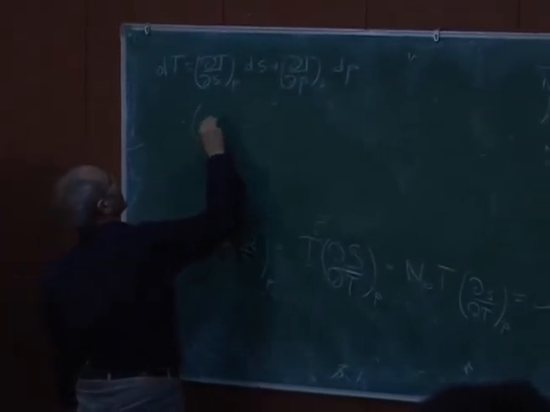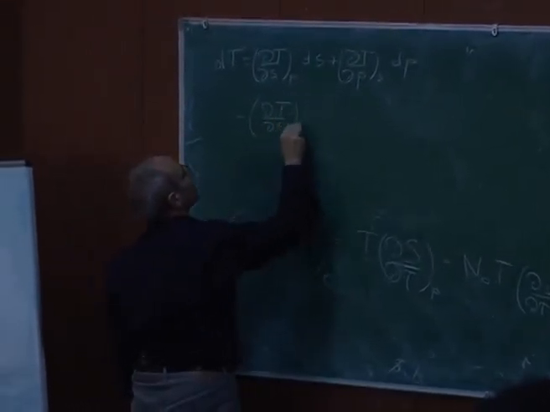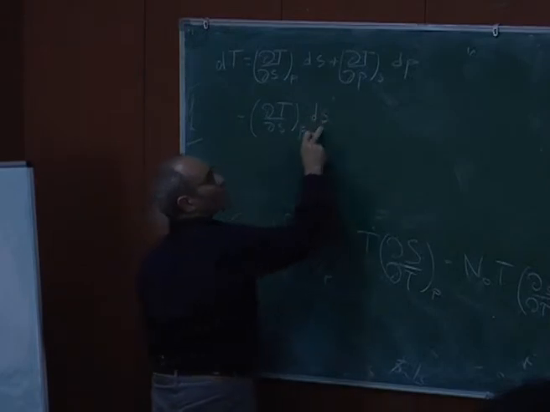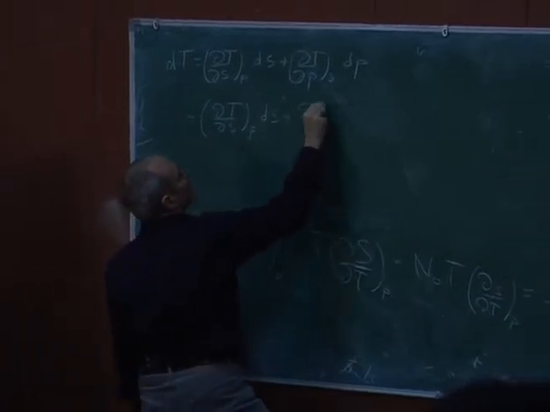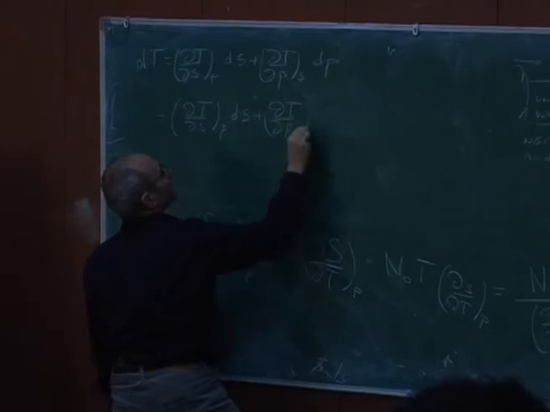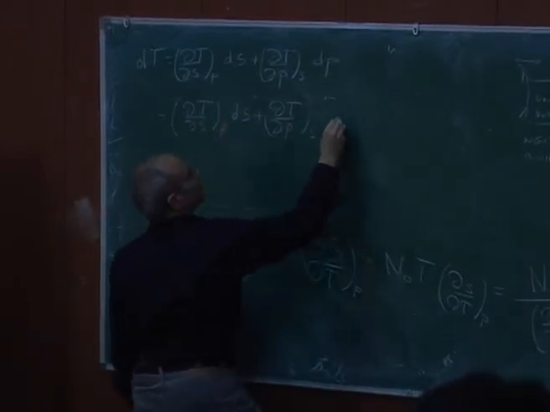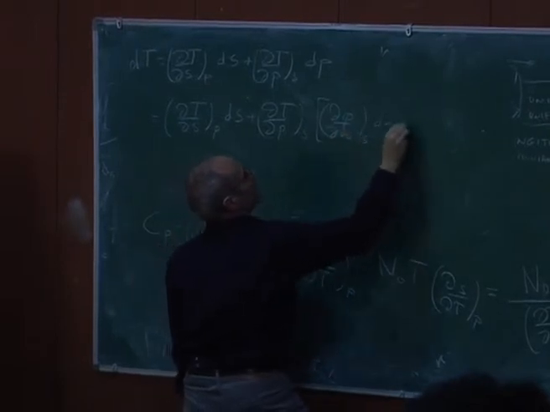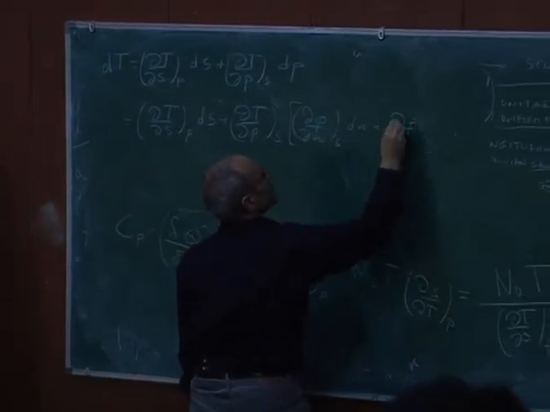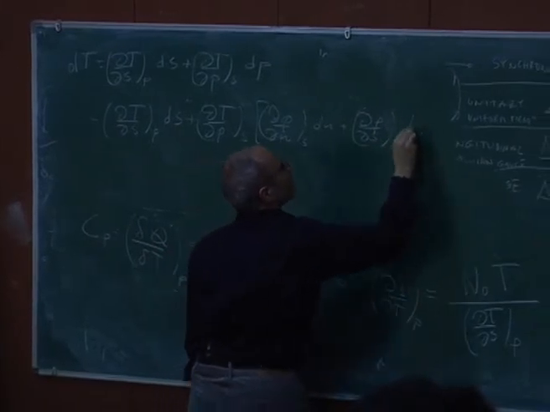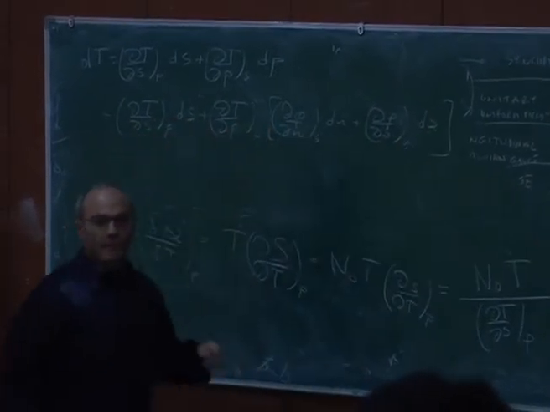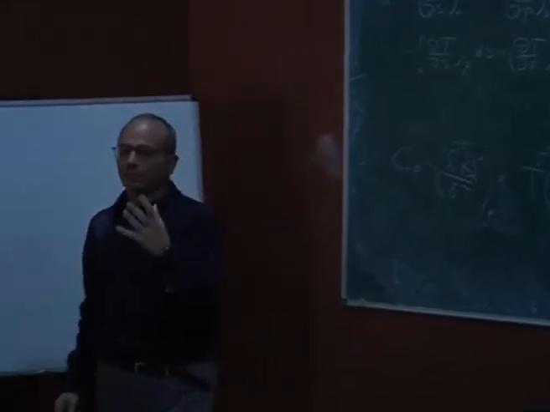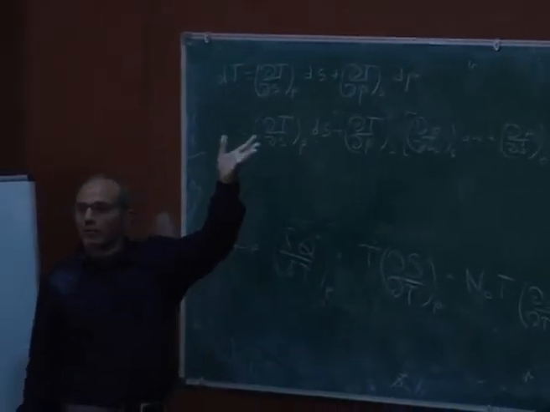However, I do this. The s is one of my variables, so I don't touch this part. But I say, okay, dp is dp over dn at constant s dn, plus dp over ds at constant n ds. Again, I didn't say anything, but p can depend on n and s. And of course, I didn't change this part because s is one of the two variables that I want.